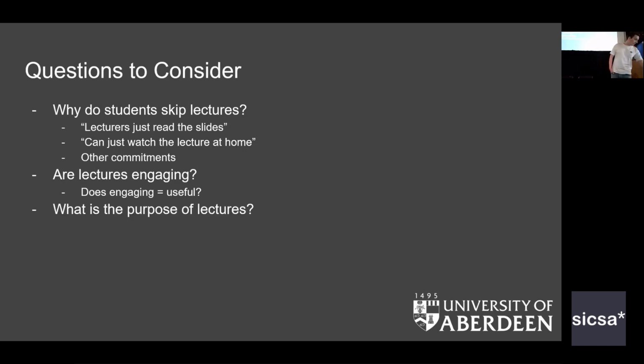So what is the purpose of lectures? Are we dumping information or are we disseminating knowledge? The main difference is that I see dumping information as essentially just giving you the facts. Disseminating knowledge is what I feel people are more at university for.